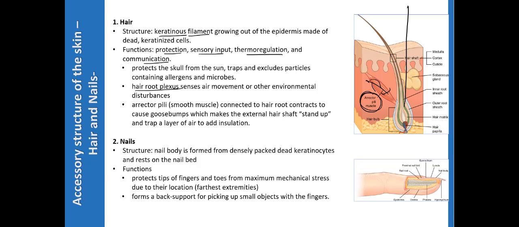And then our nails are made from densely packed dead keratinocytes, and they grow outwards from the nail bed, right? This is as much detail as you need to know about the hair and the nails. And again, I know you've got different parts of the hair, but you don't need to know those for the purposes of this.